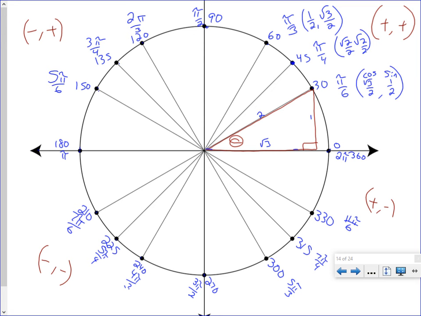Because honestly, the only thing that was new that I just talked about is that cosine is your horizontal, sine is your vertical. You guys have done special right triangles. You did a lot of it in geometry. The idea of placing those things, that's not anything crazy. The only other new thing is that cosine comes first in the alphabet.